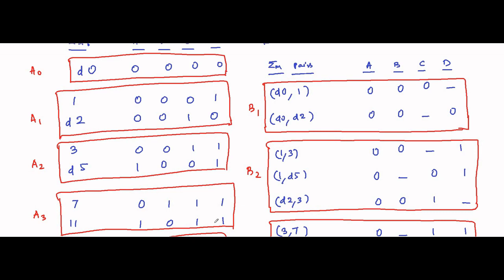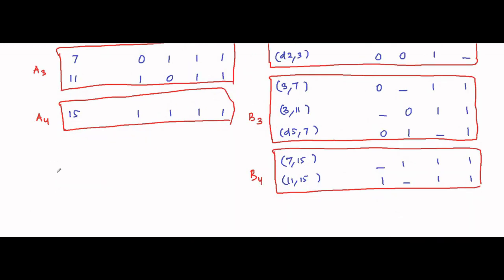So I am directly writing the merged minterm pairs, as I have already discussed in the previous questions how we have to form merged minterm pairs: merging of minterm pairs differing by 1 bit position.